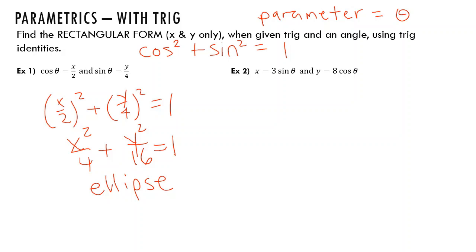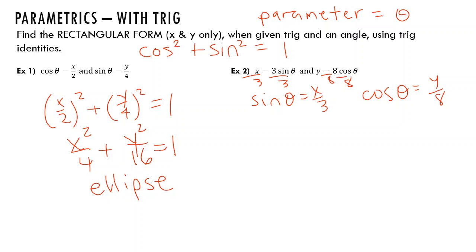So for the second example, same exact thing, except you have to solve for the trig first. So if I solve for sine, I'm just going to divide by 3. So sine theta equals x over 3. And here I'm going to divide by 8, so that cosine theta equals y over 8.